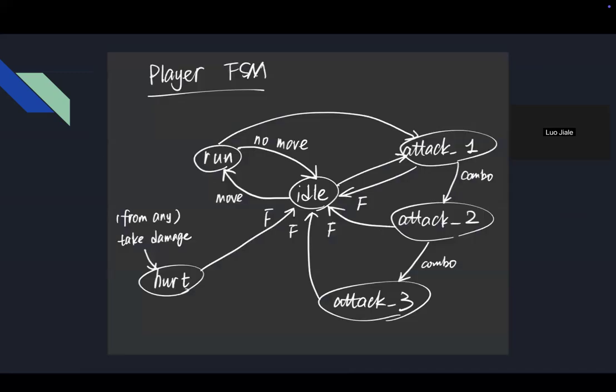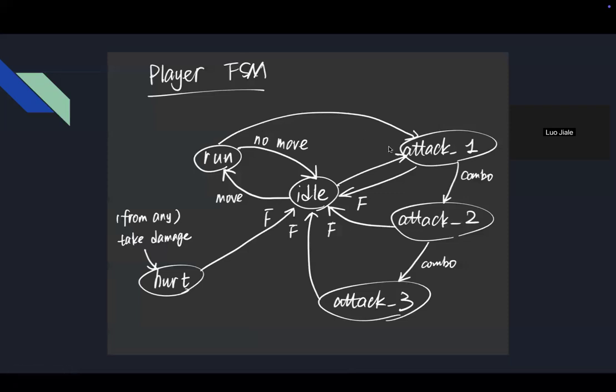So this is a very simple player FSM that I have drafted. If you look at this diagram, I believe it's quite self-explanatory. The player has these circled states, right? Run state, idle state, attack one, attack two, and attack three states, and a hurt state.